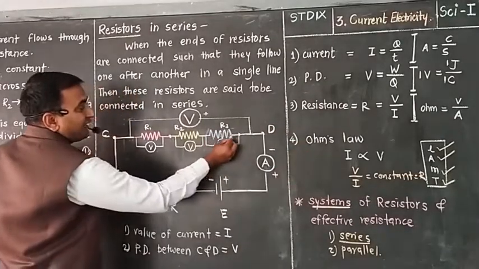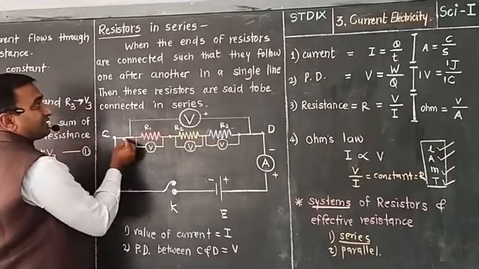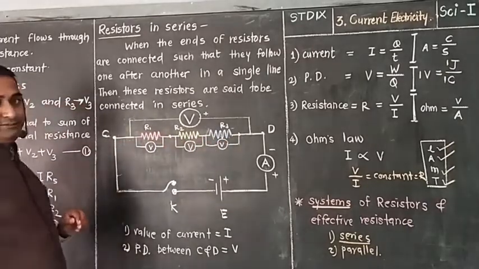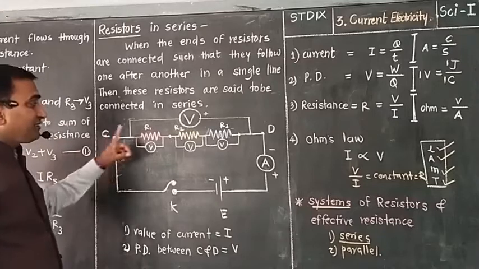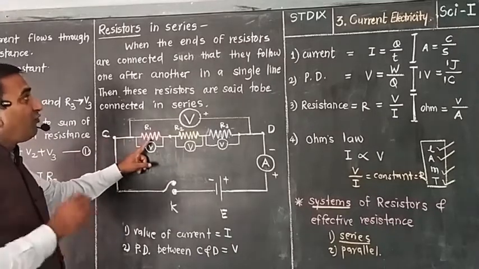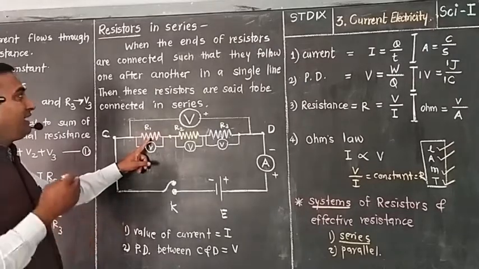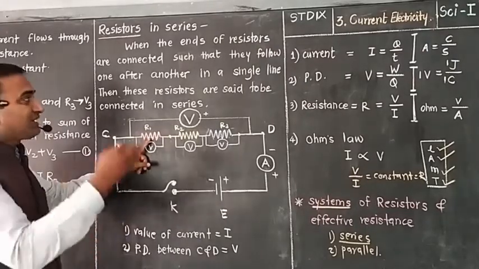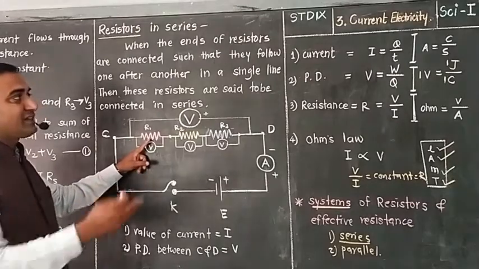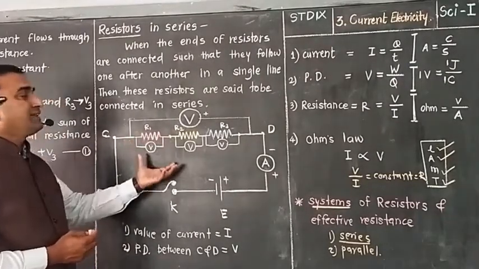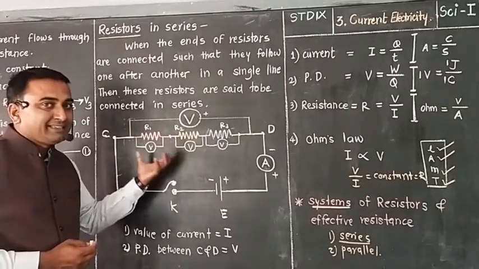That means they are in a straight line, forming a single line. So if the resistors are joined one after another, end to end, in a straight line, then that connection is called resistors in series.